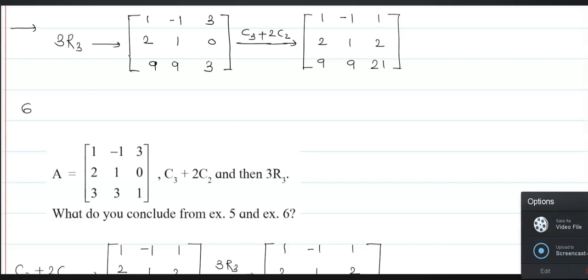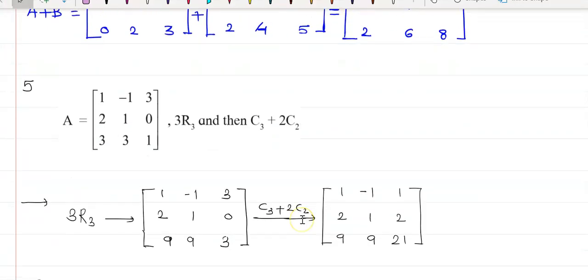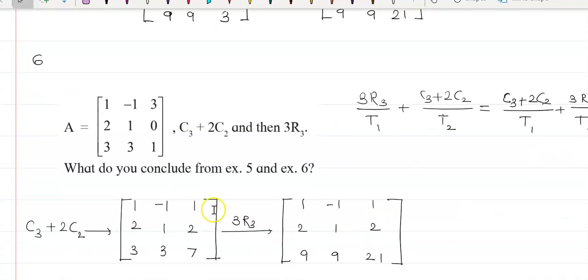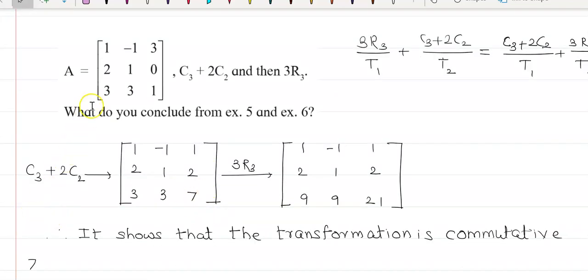Now see this again here. Example number 5. This is the operation: 3 times R3, then C3 plus 2 times C2. We get this. And what about the sixth one? The first operation is C3 plus 2 times C2 and the second operation is 3 times R3.